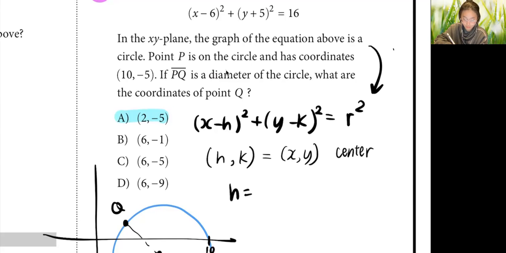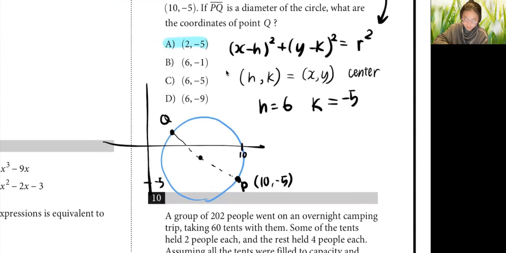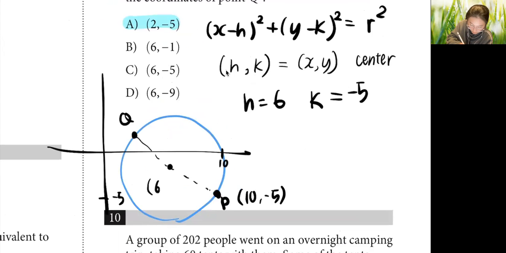Our H is going to be 6, and our K is going to be -5. And that's going to be this point right here, the middle, the center.